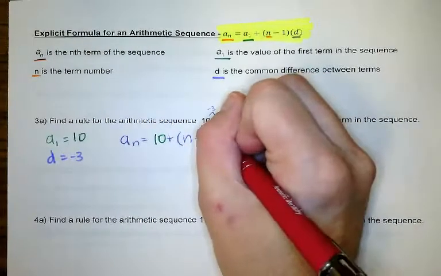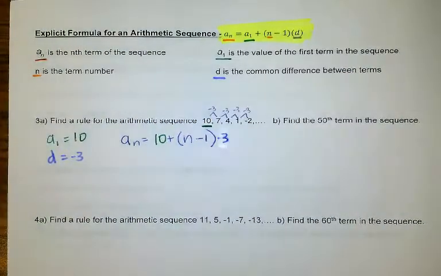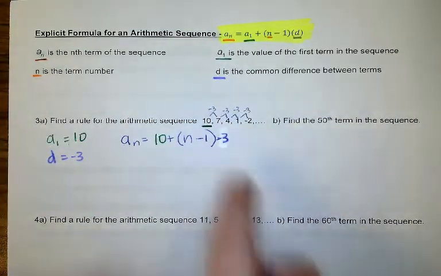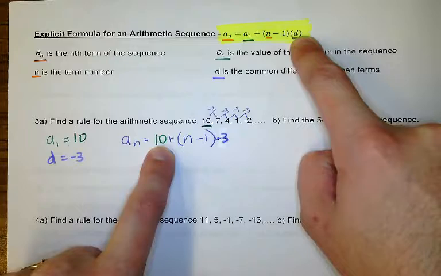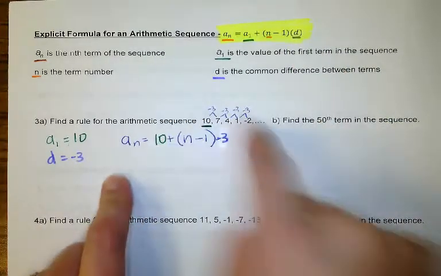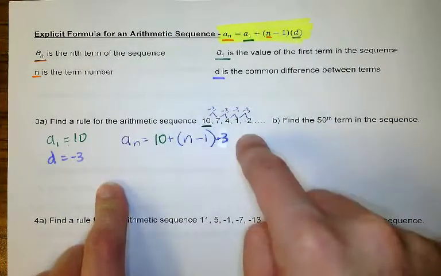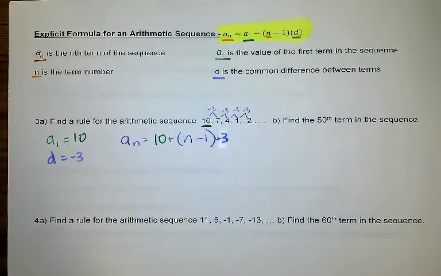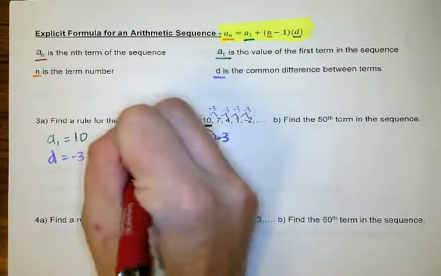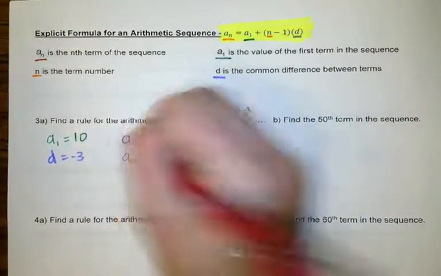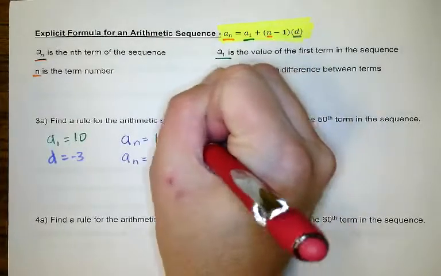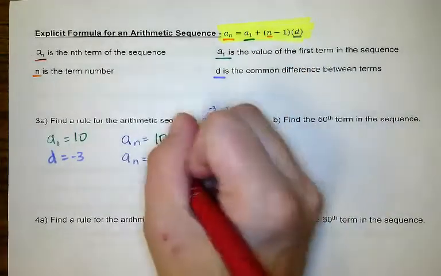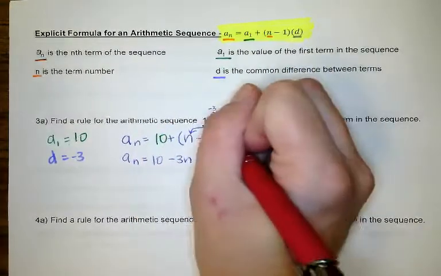So now we've plugged the 10 and the negative 3 into my formula. Now we are going to simplify this. So a sub n is equal to 10, and this negative 3 here we need to distribute. Negative 3 times n is negative 3n. Negative 3 times negative 1 is plus 3.